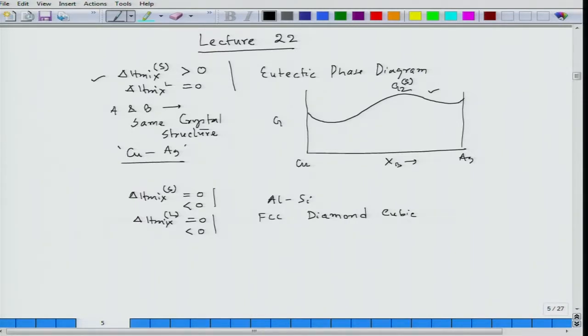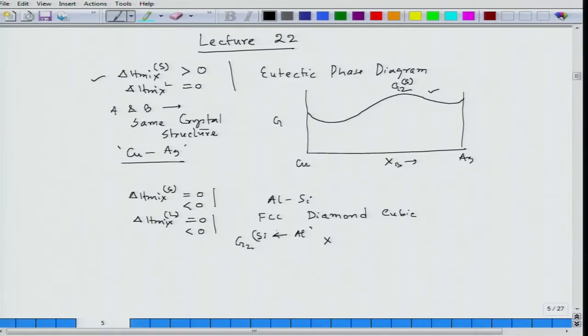If I try to incorporate aluminum into silicon, silicon would never contain any aluminum in it. So I could not get any free energy line, that means G2 of silicon where aluminum becomes the solute, it is not possible.